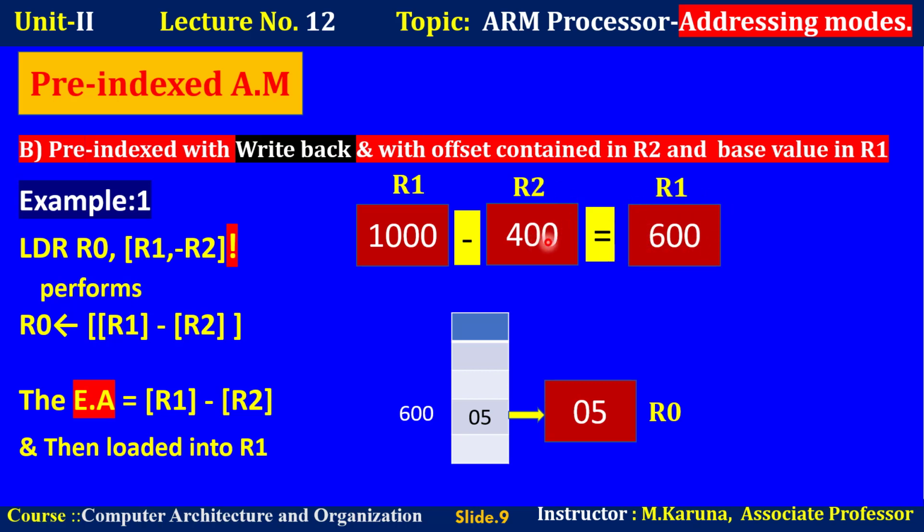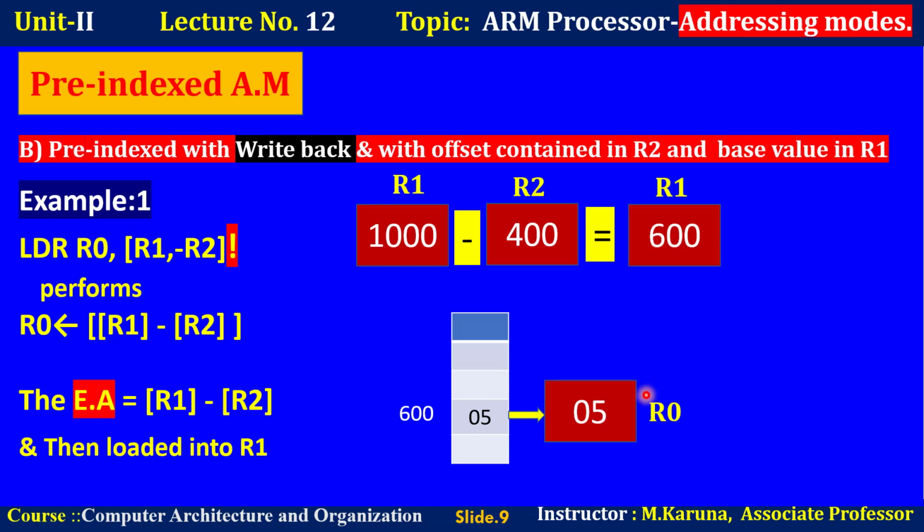Now again 400 will be subtracted from 600 to get the next element. The base address is again written back into the R1 register. At the 600 location, whatever data is present will be transferred to R0.